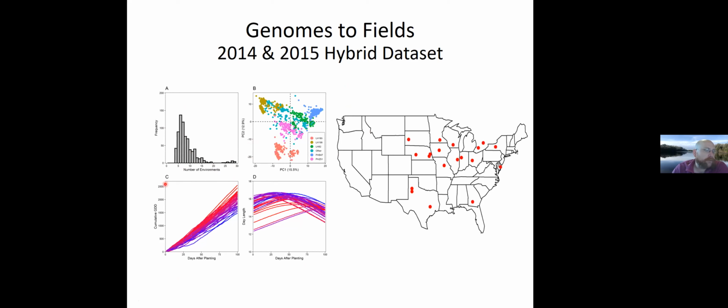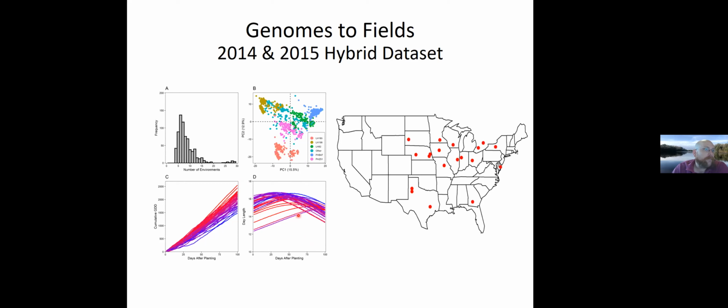Panel C is the cumulative GDD for the first 100 days after planting. In the coolest environment, there's roughly 1,500 GDD accumulation, and in the warmest environment, about 2,500. So that's a wide range of temperatures that these hybrids experienced. Panel D is day length.